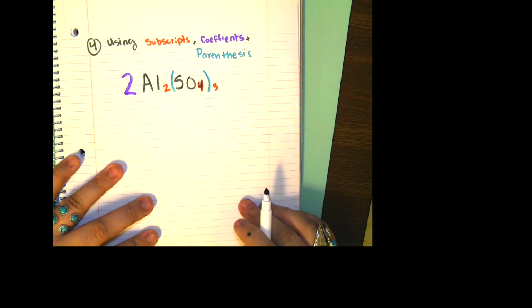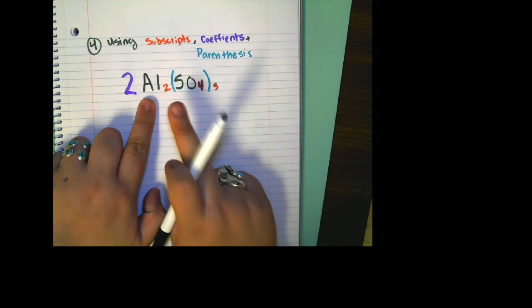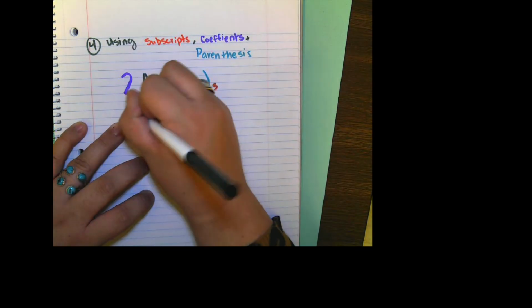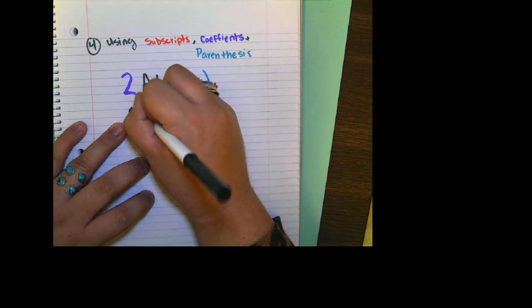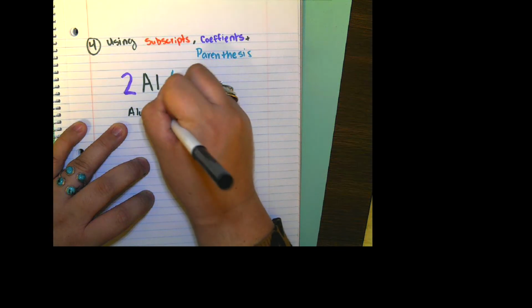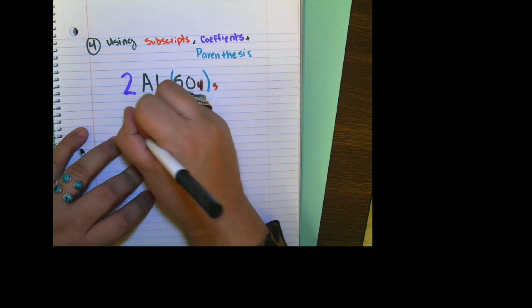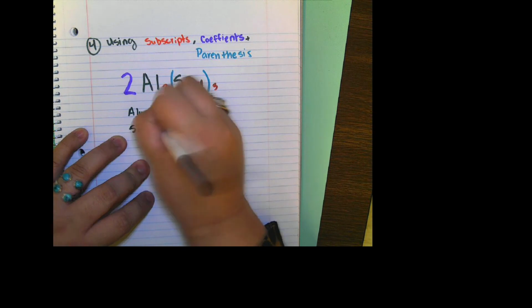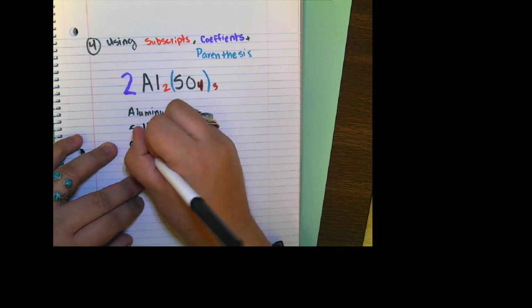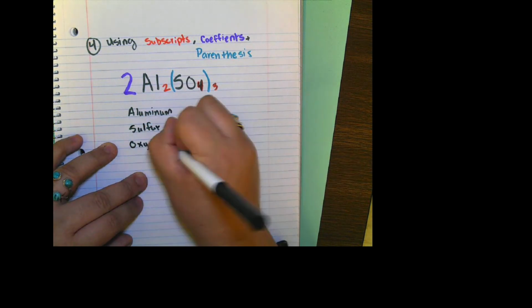All right, so before I even get into the numbers, I want to write down my elements. I have 3 capital letters, which means I have 3 elements. So I have aluminum again, I have sulfur, and I have oxygen. All right, so let's break it down.